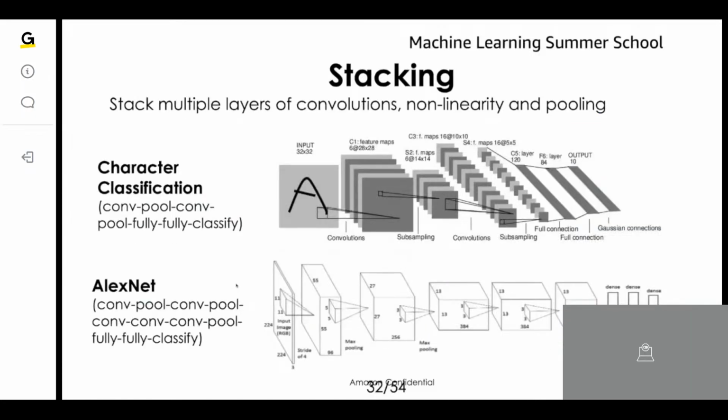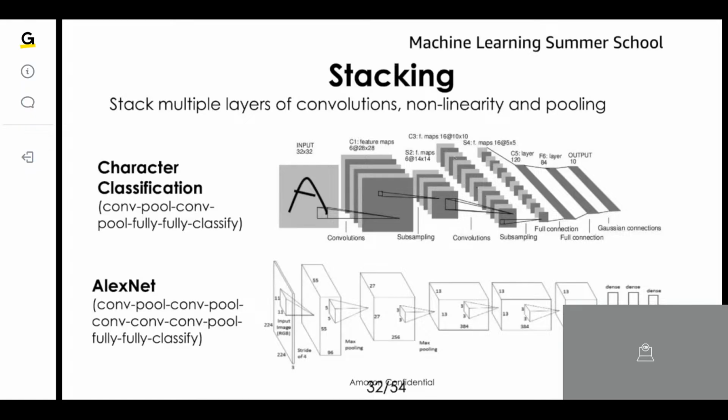So to get the entire architecture of the CNNs, you stack multiple layers of convolution, non-linearity, and pooling together. For example, this particular block has all three: convolution, non-linearity, followed by pooling, which you can see because the dimension of the next layer has reduced. This is because you have a pooling here.